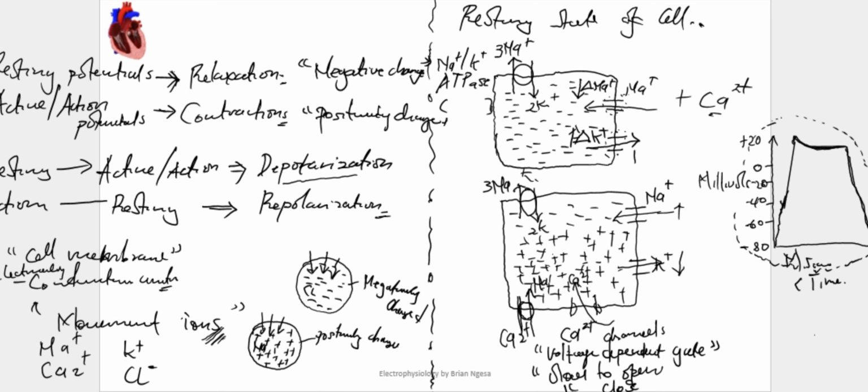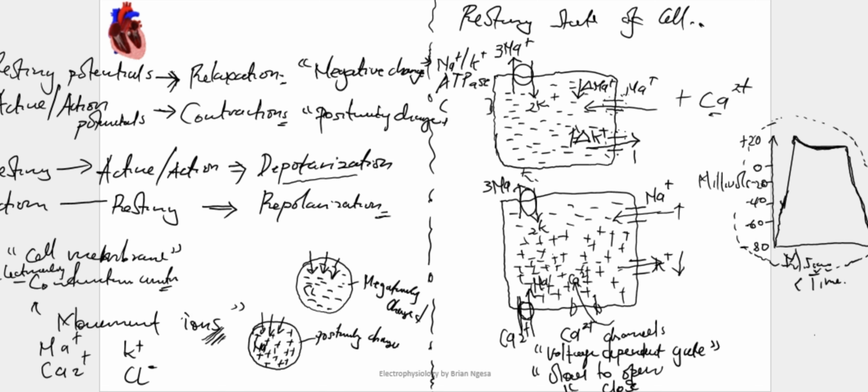So a single cell can be represented graphically like this. The electrical events within a particular cell can be represented like this: resting potential, entry of sodium up to a certain level of -40, where we are likely to have massive entry of calcium, meaning that our cell will become even more positive.